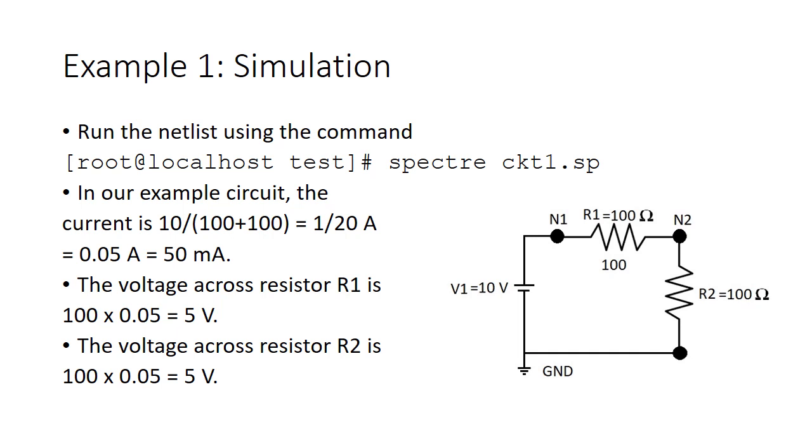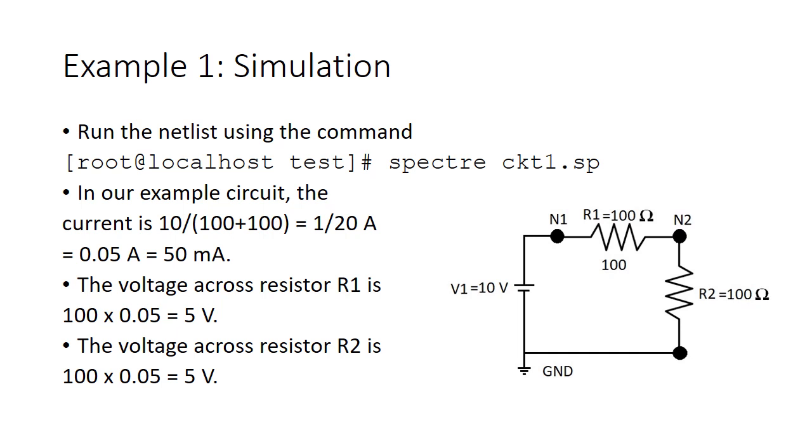So save this in a file. I have saved it with the file name ckt1.sp, and then I am using HSPICE to run it using the command line. So before I show you the outputs, let's analyze manually.